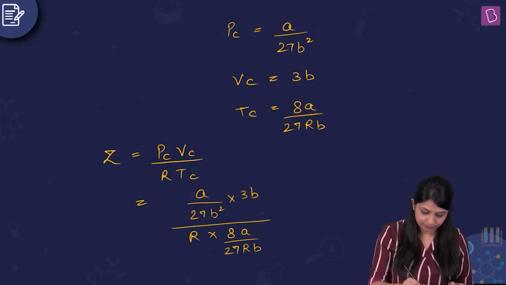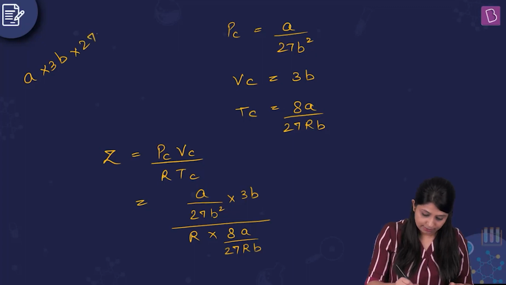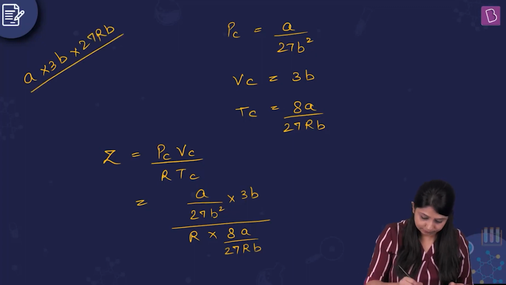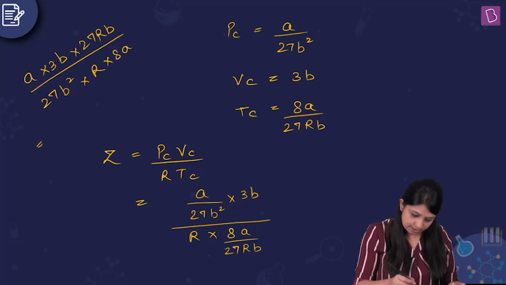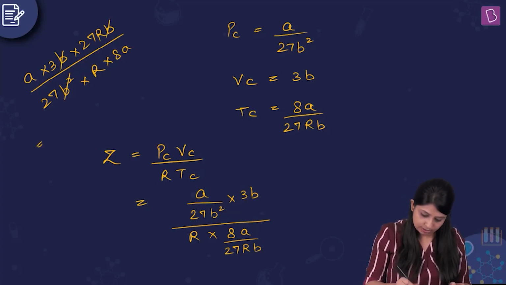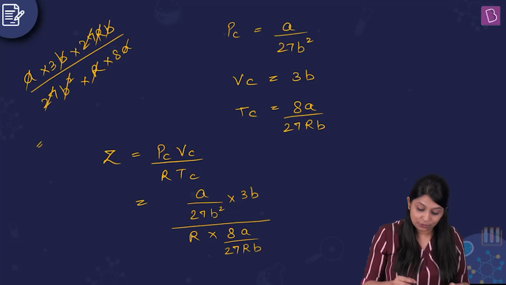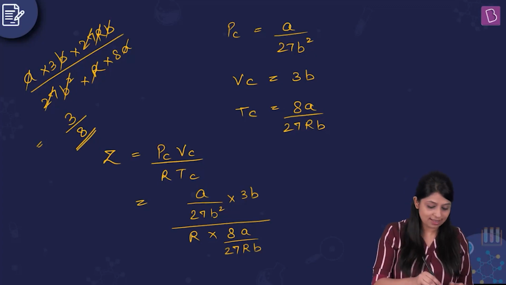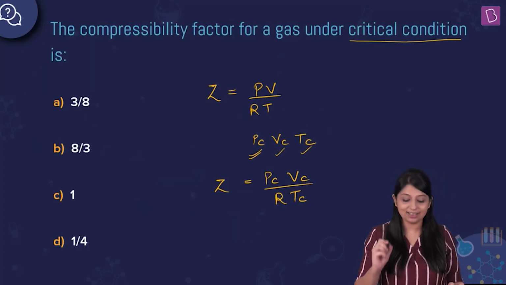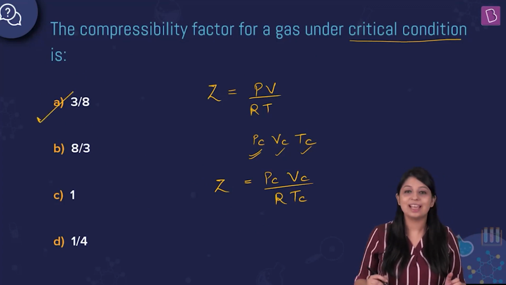So that becomes A into 3B into 27RB upon 27B square into R into 8A. Now let's solve this. So B square cancels out, 27 cancels out, R also cancels out, A also cancels out. So what do we get? We just get 3 by 8. So let's see if it matches any of our options. Well, it does. And the correct answer to this question is option A.